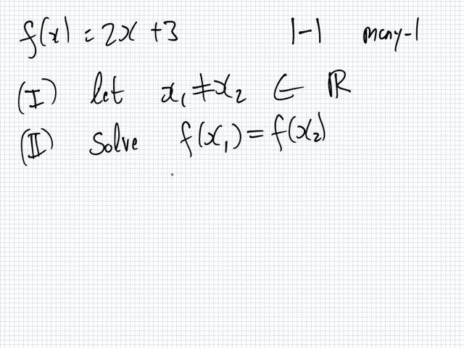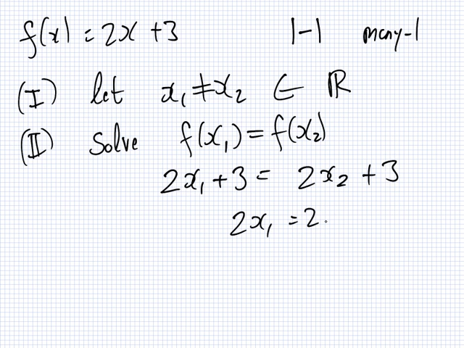So here, we want to try and solve 2x1 plus 3 equals 2x2 plus 3. I can cancel the 3's, yes? And then what can I cancel here? Can we solve this? Can we find a value of x1 that's equal to x2? No, because you might say, well, this is obvious, because we just say x1 equals 1 and x2 equals 1.